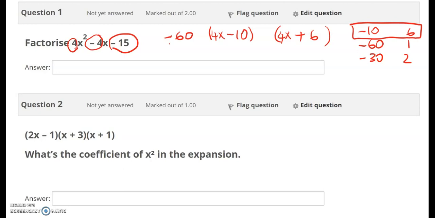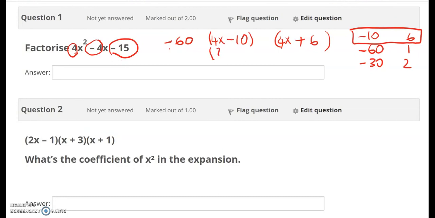I can definitely put a 2, because both 4 and minus 10 are divisible by it. If I had put 2 in front, then I'd have 2x minus 5. But of course I don't need the 2 in front.